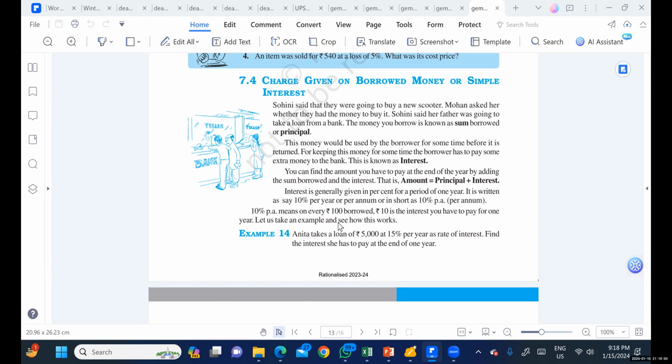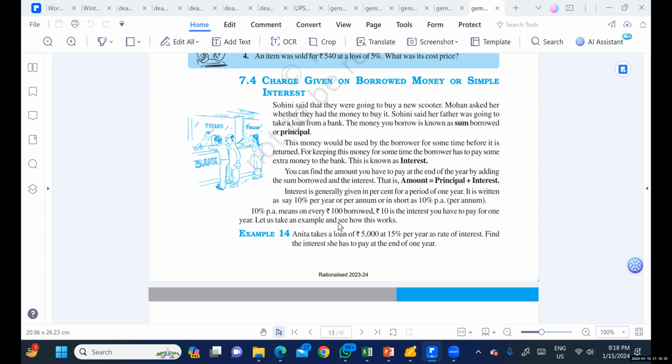Who is this? Himangi, yes, sir. Your formula is wrong. You have said P into R into over 100, right? Yes, sir. Where's your T?